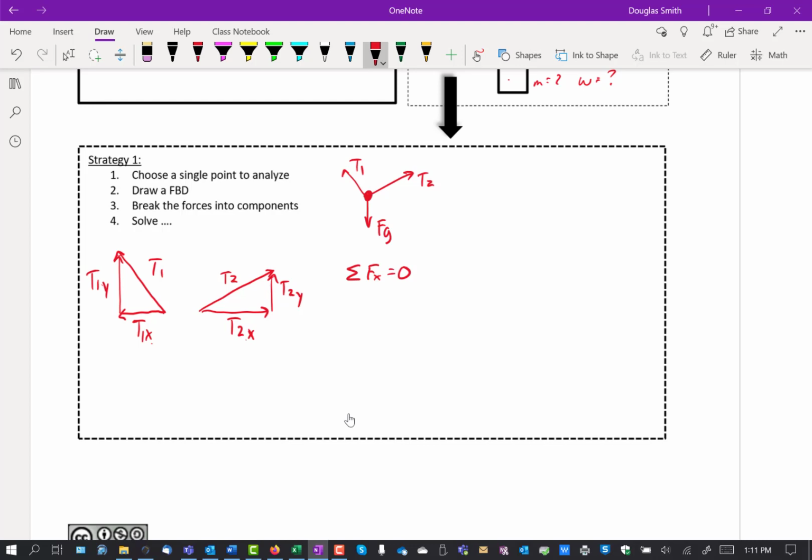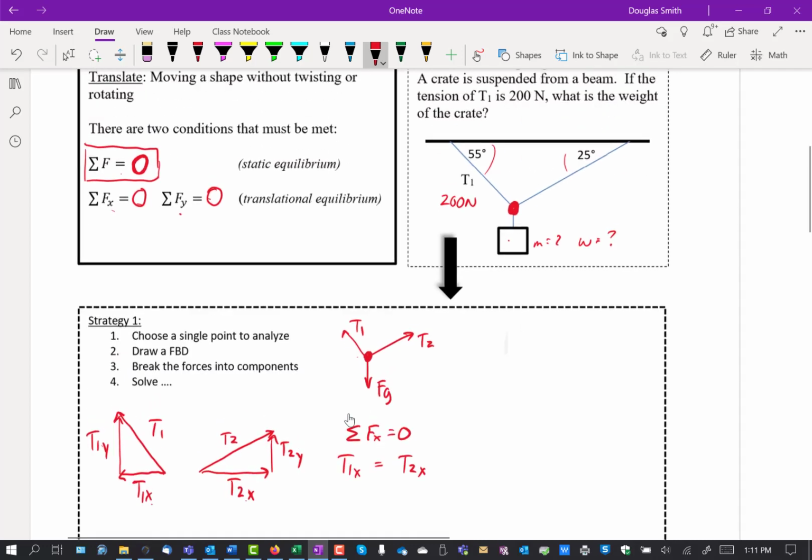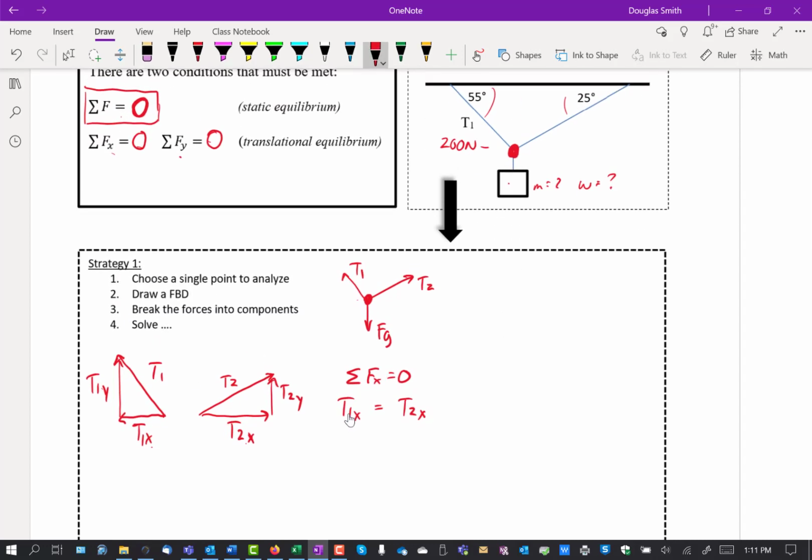Otherwise, this crate would be accelerating left or right. So I'm going to say T1x is equal to T2x. Let's check the angles: that's 55 degrees here, and this is 25 degrees here.